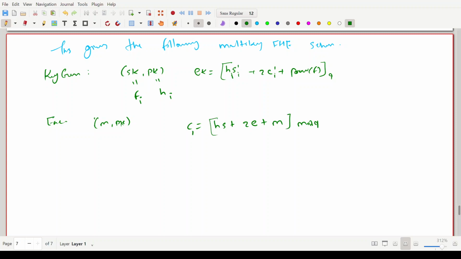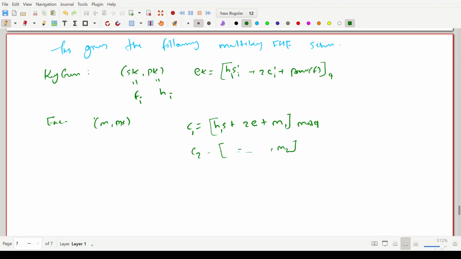So this is your first ciphertext. M1 will be there. Then you have to use H1 and say some distribution, S2' or S' or something like that. These are randomly sampled. They are not the same. Similarly, C2 you can do, and so on.